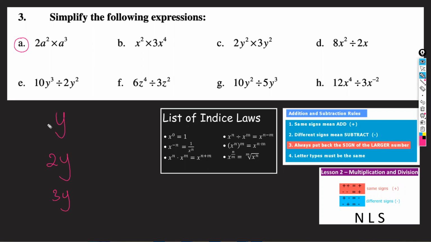But if I have plain old boring Y, how much Y is that? It's automatically 1Y. And of course, if there's no power, the power is 1. So in maths, whenever you have a letter by itself, and there's no number to accompany it, whether it be a power or something in front, the default is always 1.